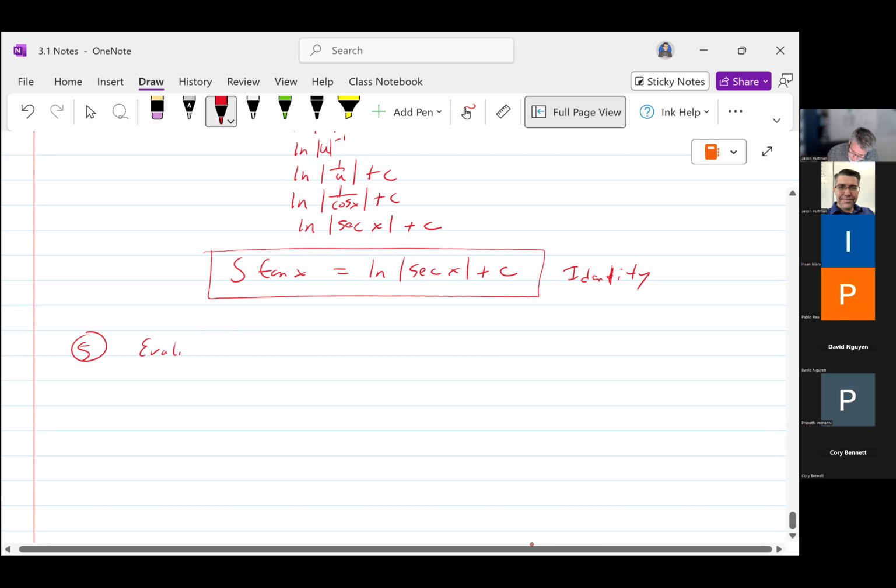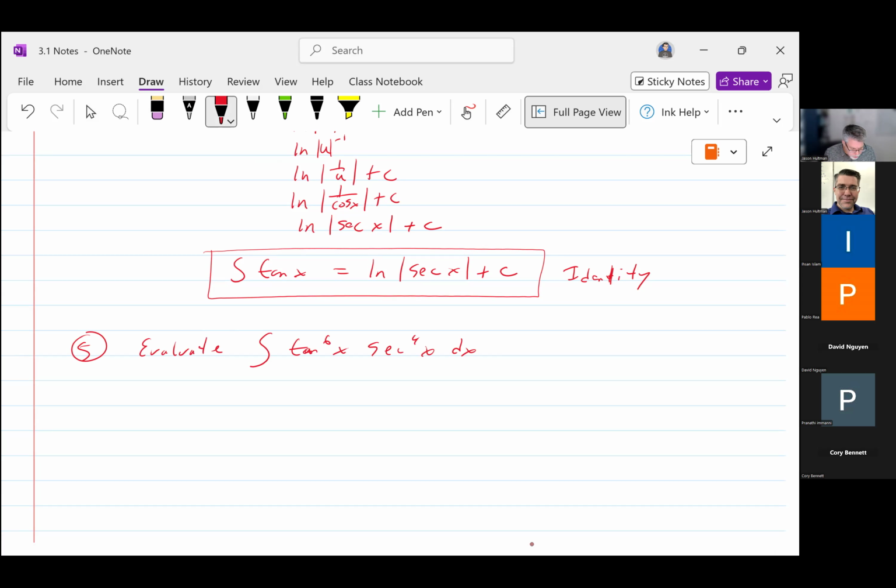Evaluate the integral of tangent to the 6th power of x secant to the 4th power of x dx. Both of these are even.